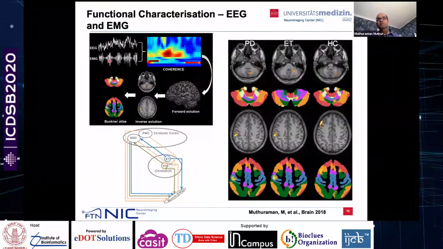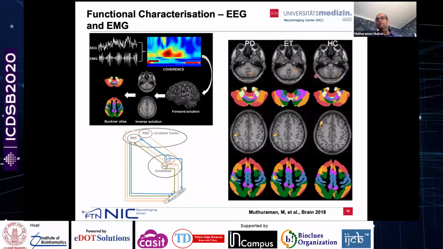As I showed in the pipeline earlier, EEG, EMG, the coherence, and then we do the inverse solution, and then estimate that in a certain atlas, which gives you good connectivity maps. So here is Parkinson's disease, who have a problem with the hand, let's say tremor, and there is another tremor group, and here are the healthy controls, which means they imitate the tremor in these subjects.